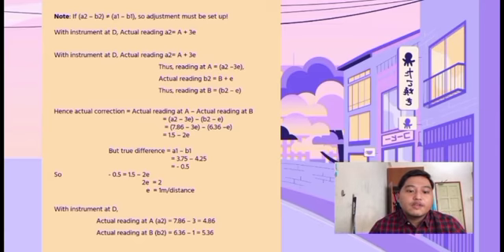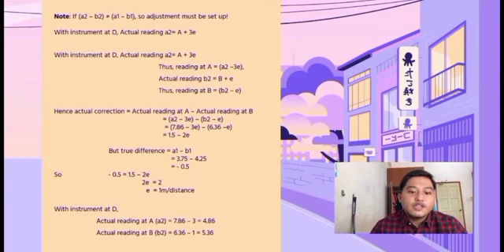The actual reading B2 equals B plus E. Thus, the actual reading at B equals B2 minus E. Hence, the actual difference equals the actual reading at A minus the actual reading at B, A2 minus 3E minus (B2 minus E).